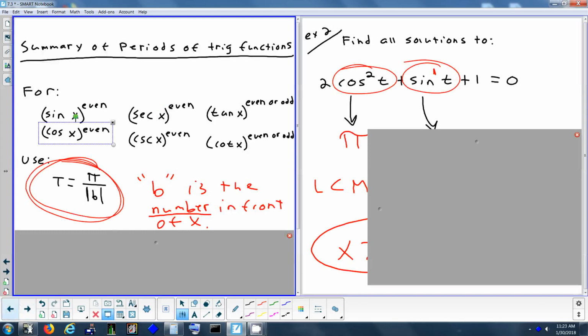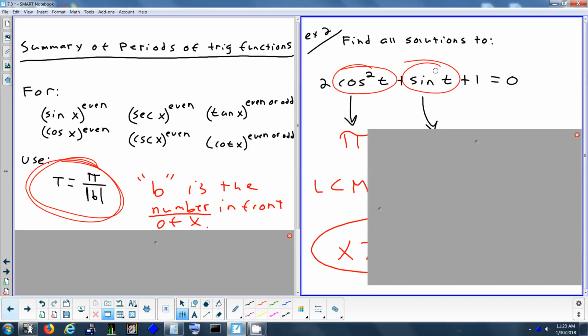Okay. So now the next thing we have to do is get the period of sine. Now, normally it's going to be written like that. But if you don't see a power, it's always to the first power. Is first power odd or even? The number 1? Is 1 even or odd? Odd. Okay, so sine to the first power, that's an odd.